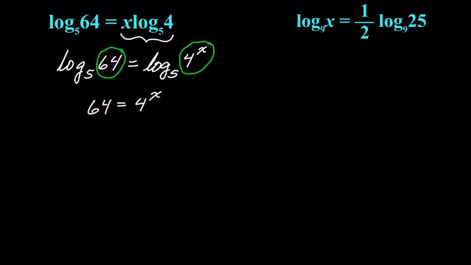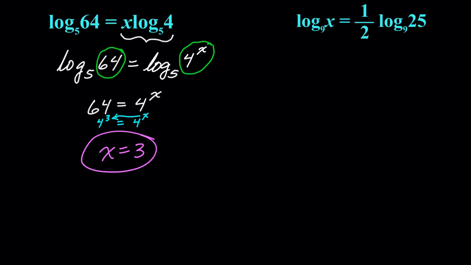And that would be 4 raised to the third power. Therefore, x is equal to 3. Now, another way that you can think of this is 64 is equal to 4 cubed. So if you have 4 cubed equals 4 to the x power, that means x has to equal 3.